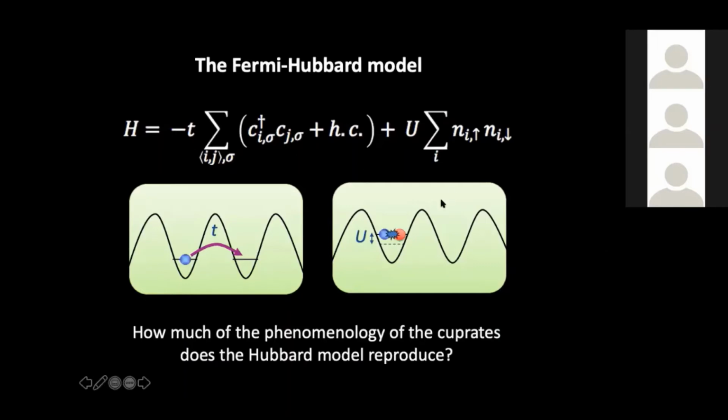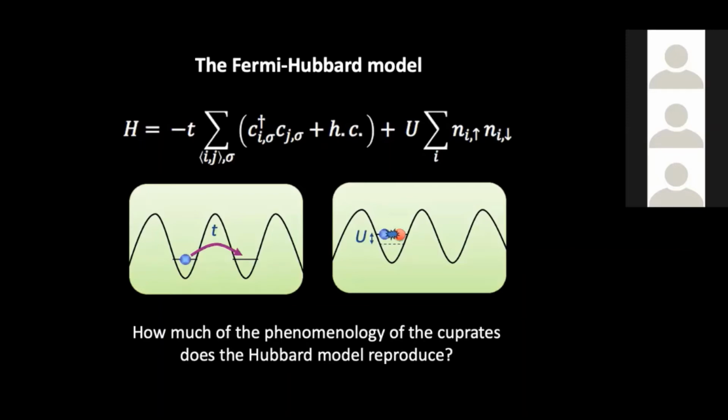Okay, so the question is, how much of the phenomenology of the cuprates does this Hubbard model reproduce? This is, of course, a question that people have been studying for decades, ever since here at Princeton, Phil Anderson proposed that this model might describe what's going on in these high-temperature superconductors. This is believed to be a minimal model for what might be happening in these cuprates.